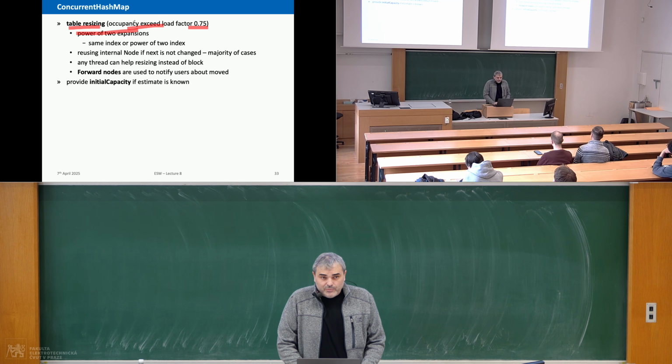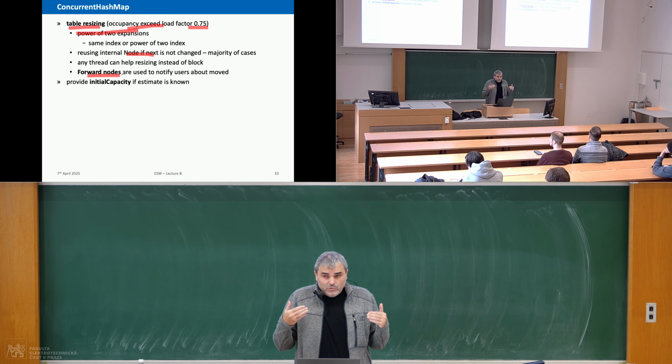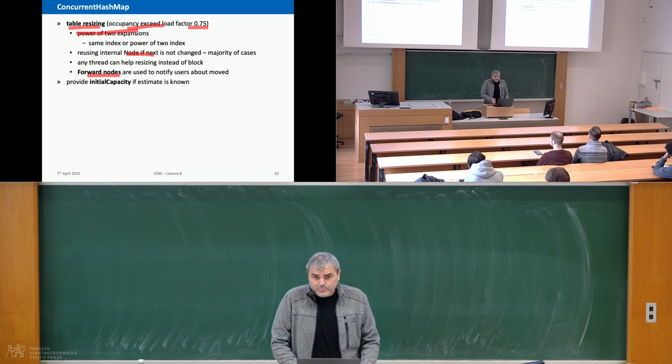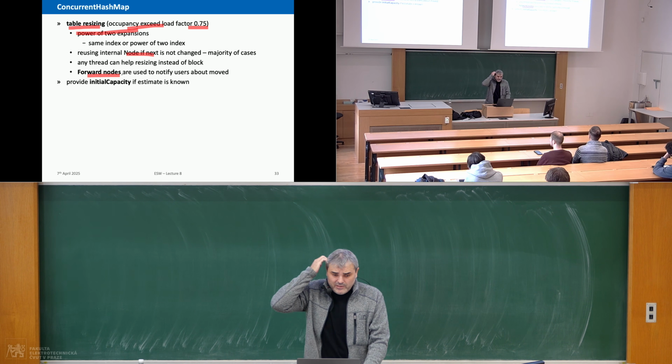It is done in parallel fashion in the case of the concurrent hash map. It's reusing nodes if they are not changed, and then it uses some kind of forwarding node. So if there are 2 threads trying to put more data there, they can help each other to speed up resizing of the hash map. That's slightly different than in standard hash map.